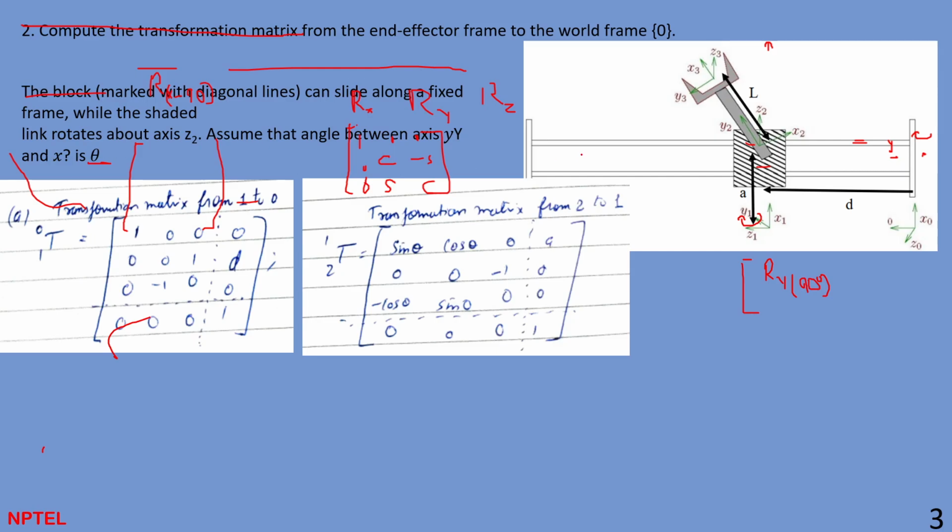So what you need to do is, along z2, there is some kind of rotation happening, which is the theta direction. First you rotate by 90 degrees, and then along z2, because this axis remains the same, whereas this axis and this axis are not aligning.